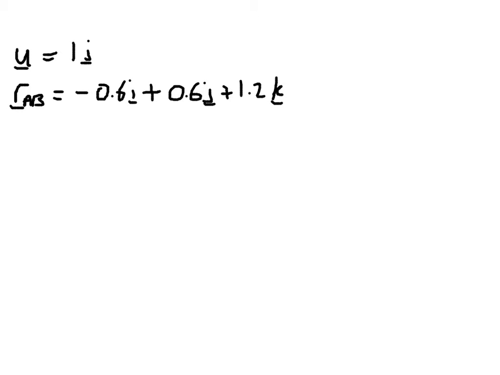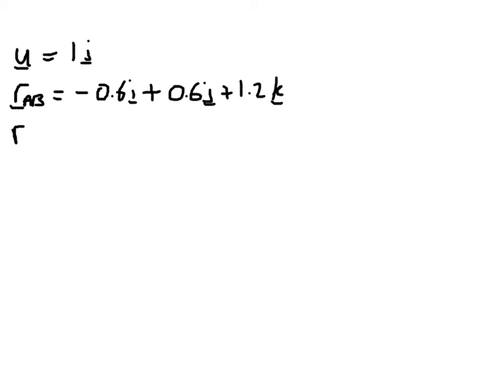You don't have your force as a Cartesian vector, you just have its magnitude, which was 120 newtons. So you're going to have to use your position vector A to B to get a unit vector A to B to then get a Cartesian vector for the force AB.